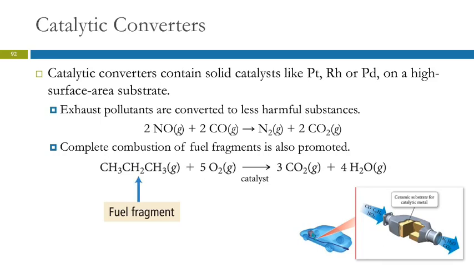Now, we don't want too much carbon dioxide in the air, but it's still not a harmful substance in and of itself. So this also promotes complete combustion of fuel fragments. So when your gasoline burns, it doesn't necessarily all burn into CO2 and H2O. And so you can end up with fragments left.